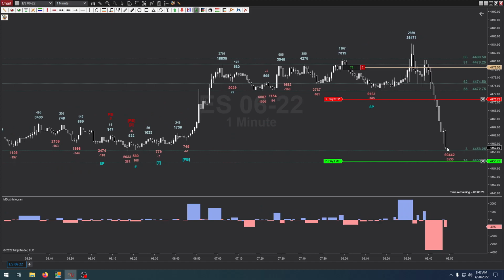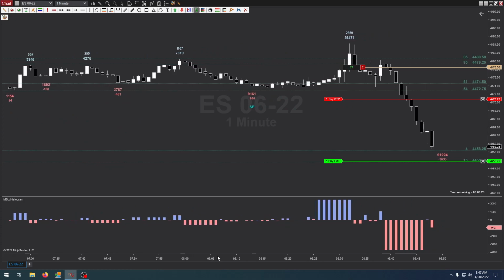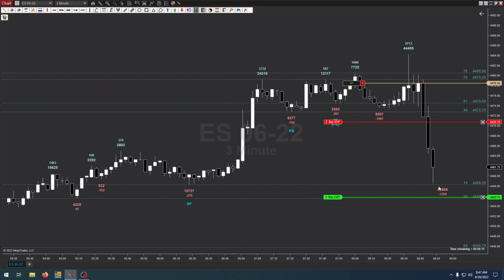My original target just got hit. So I'm just going to leave it here. See, my original target just got hit. Now it's rolling up. I shouldn't have moved it probably, but I only moved it because of the supply that was coming in on 1 minute.